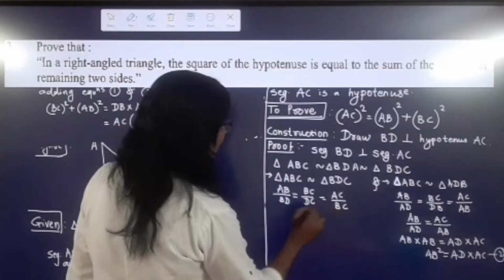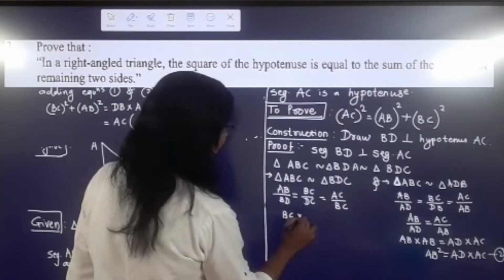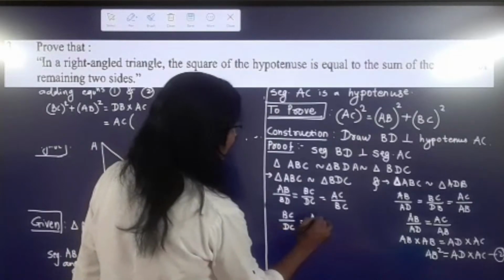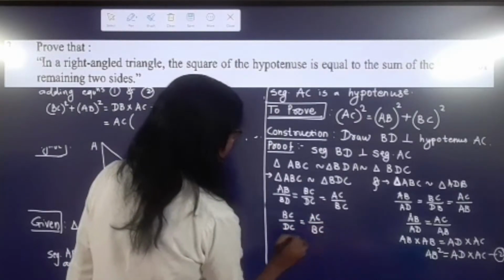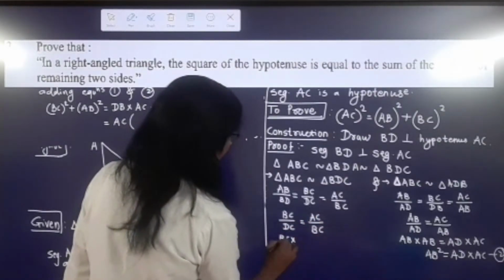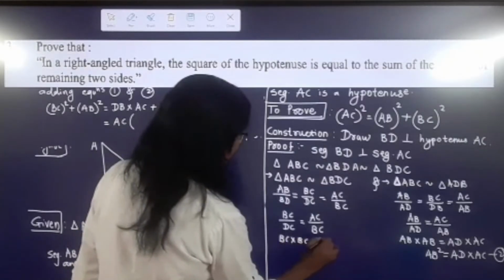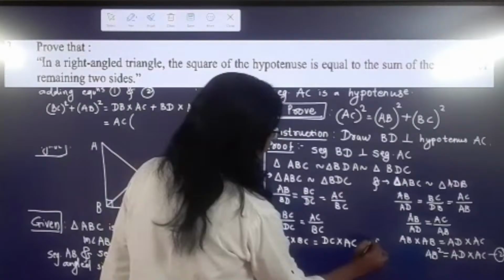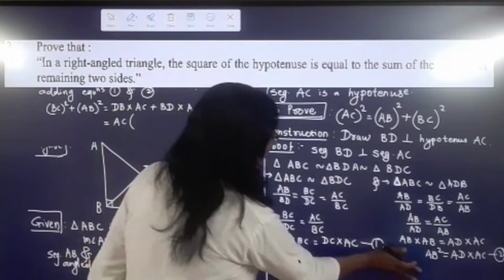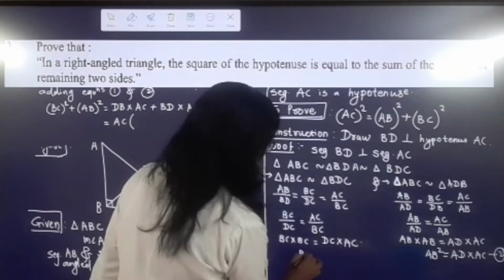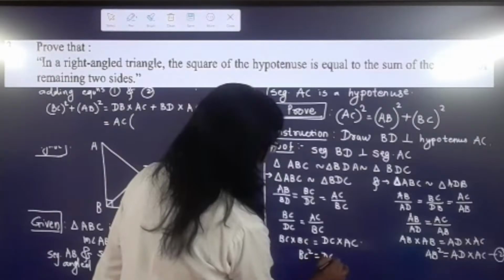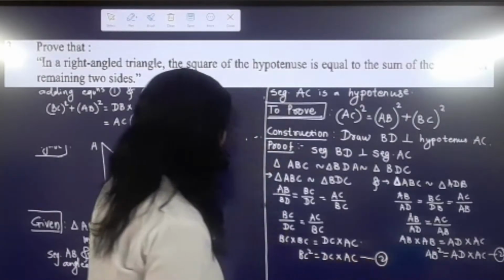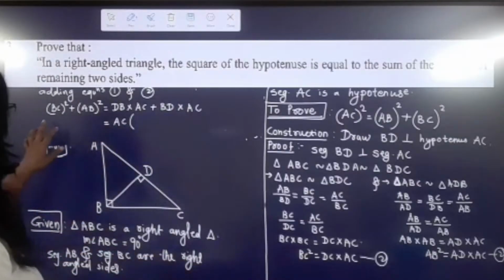Okay, so now taking this ratio, BC upon DC is equal to AC upon BC. So here BC multiply BC is equal to DC multiply AC. Yes students, so now this is called the first equation. The next one is BC square is equal to DC multiply AC and then call it the second equation. Okay, so then adding equations 1 and 2.